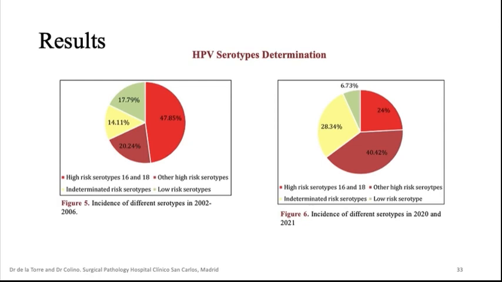The undetermined risk category originated 14% of the lesions in 2002 to 2006 and reached 28% in 2020 and 2021, while the low-risk serotypes were responsible for 17% of the lesions in the first time interval and 6% in the last one.